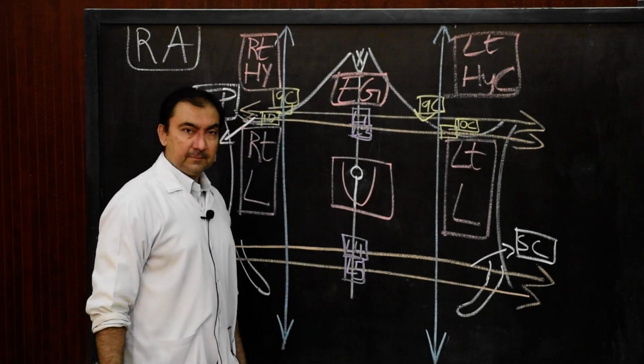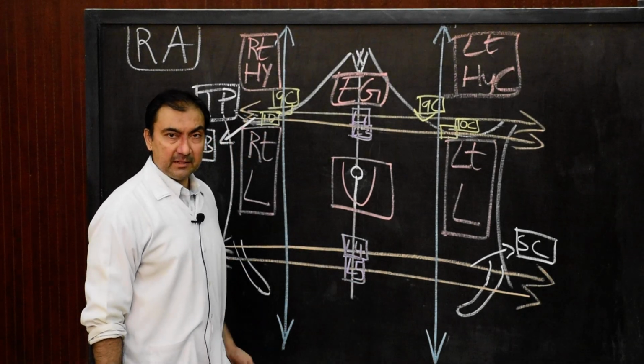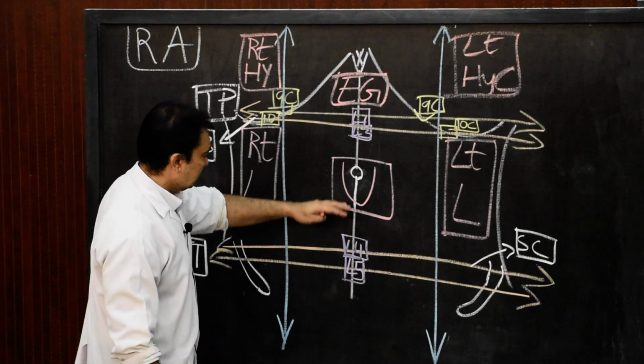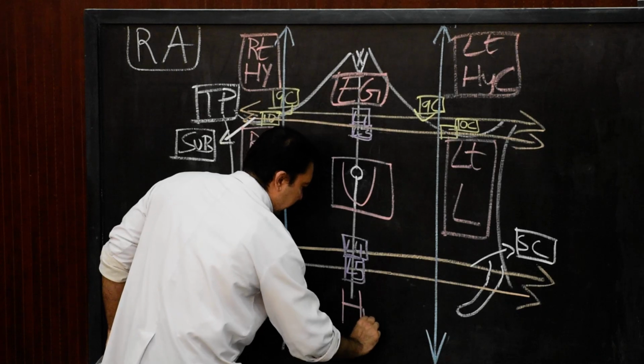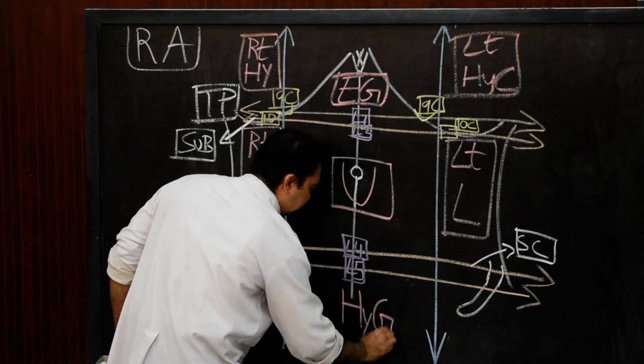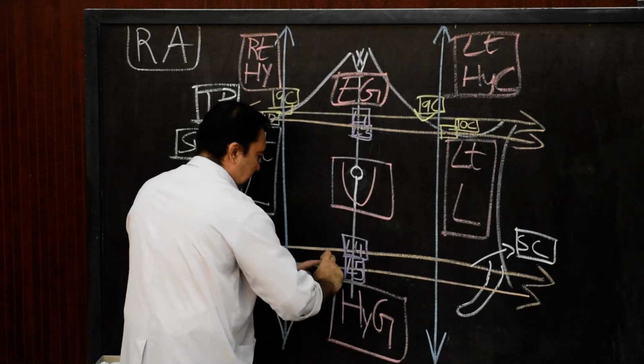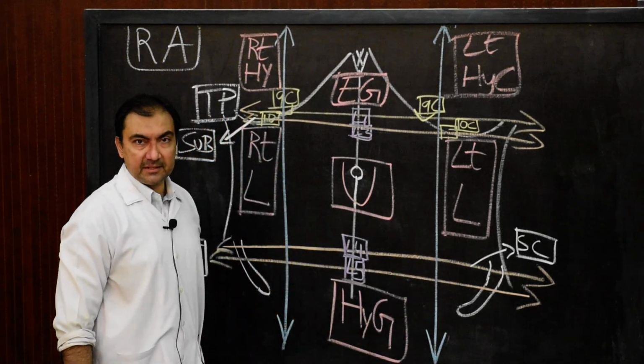Now below the umbilical zone, below the umbilical region, this zone over here is called hypogastric region. So this much zone is called hypogastric region.